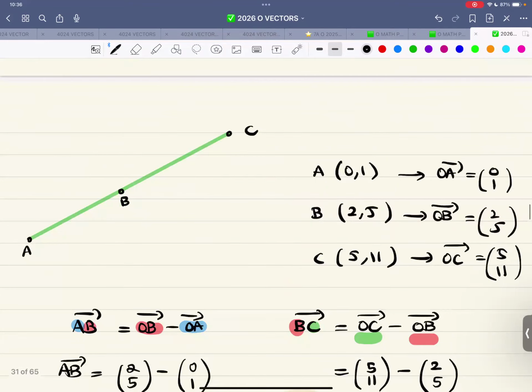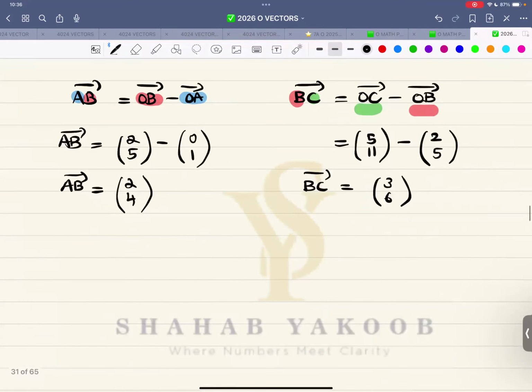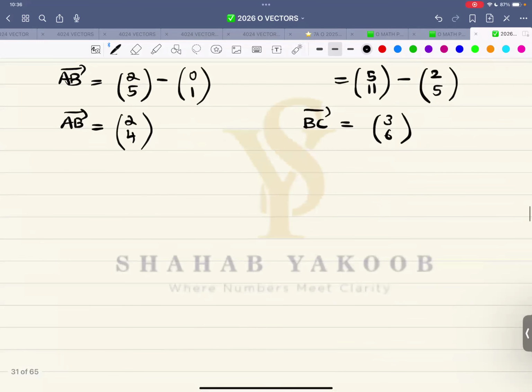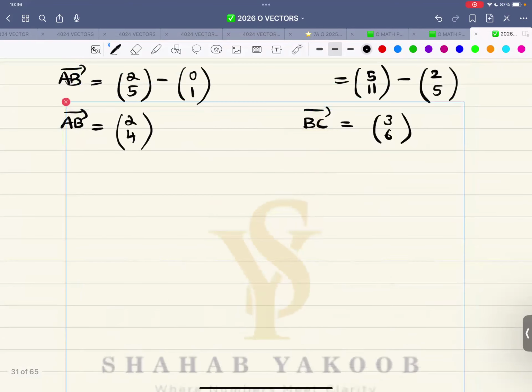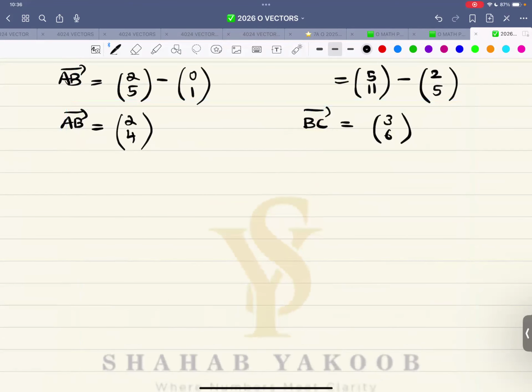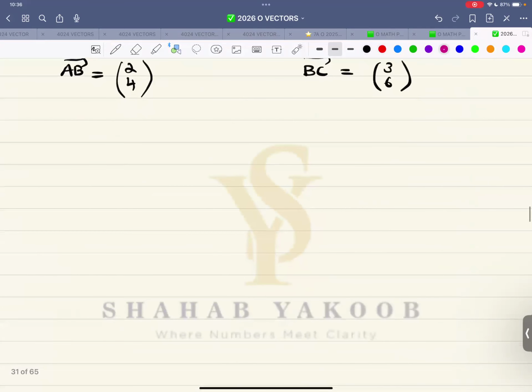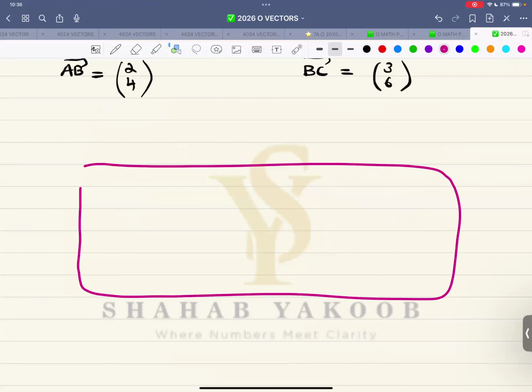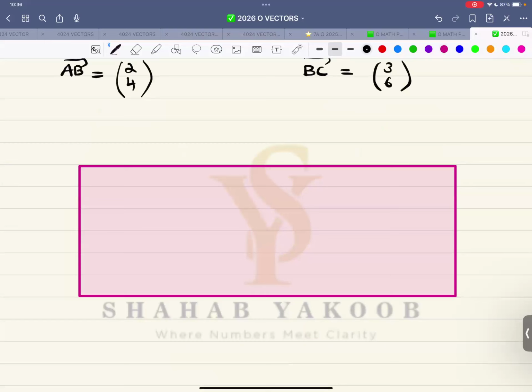Now, once this is done, can I simplify vectors a little bit more? Yes, I can. And we use a terminology called scalar multiple. Let me write the concept of scalar multiple.